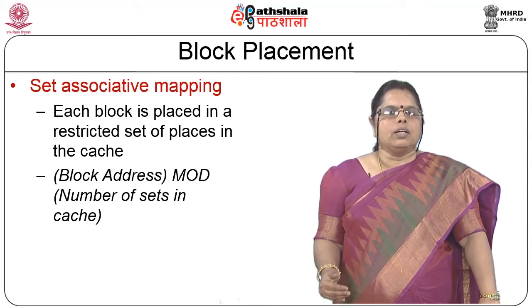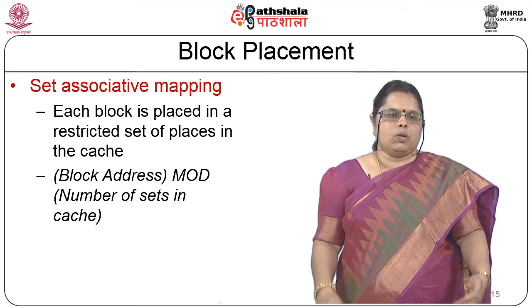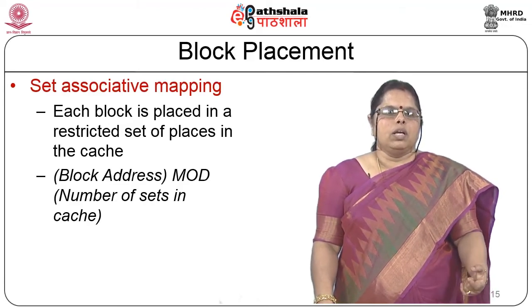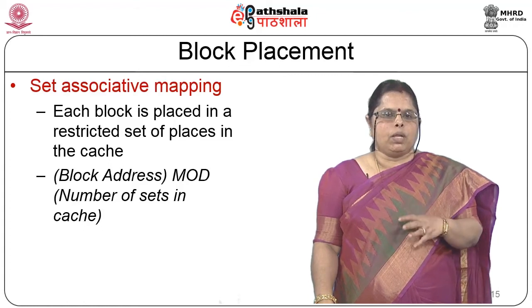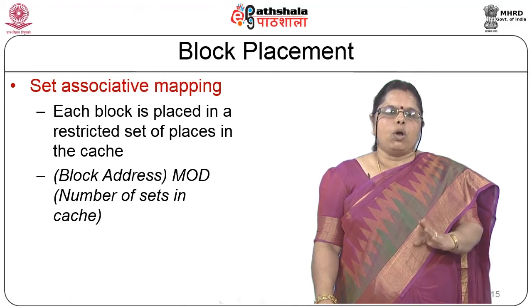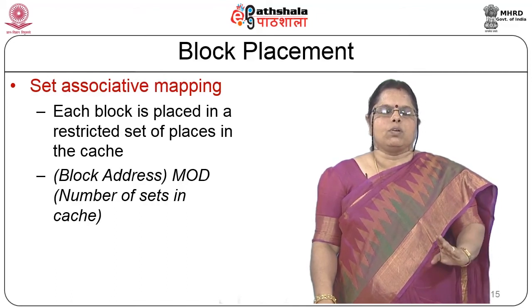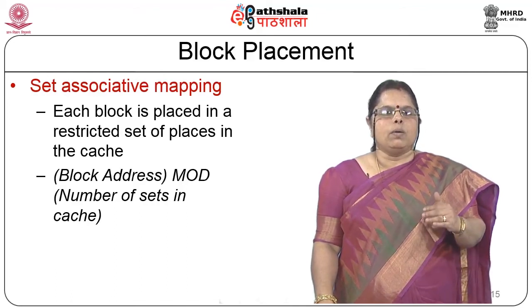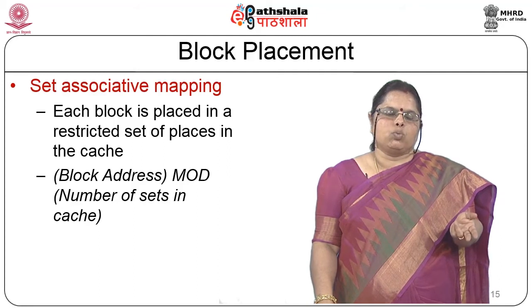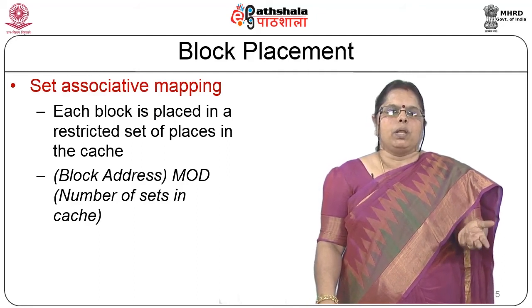In general, we look at n-way set associative mapping, where a set is made up of n blocks, and between a main memory block and a set, it is direct mapping. Each block is placed in a restricted set of places in the cache, only a particular set, but within the set you have 2 blocks or 4 blocks, depending upon the number of blocks within a set, and you have the freedom to place it anywhere.